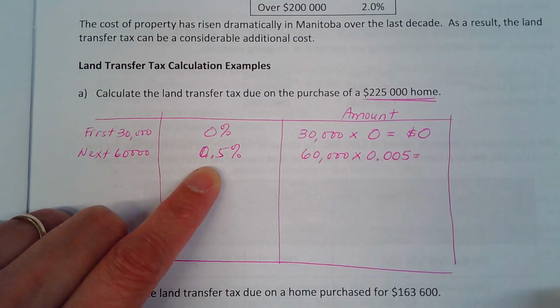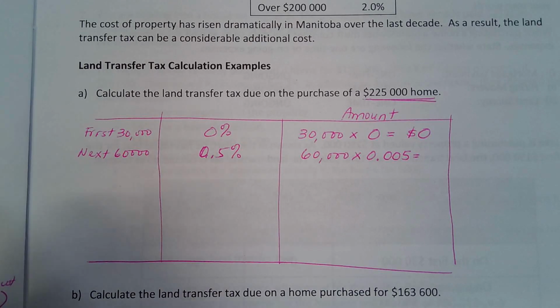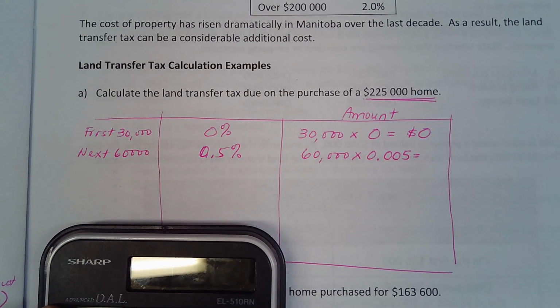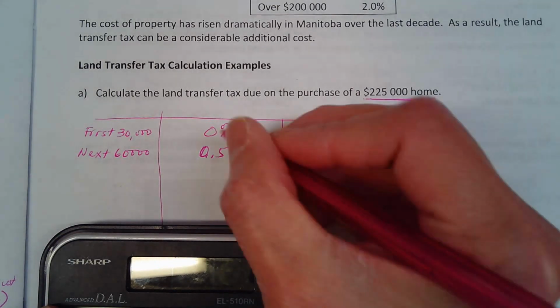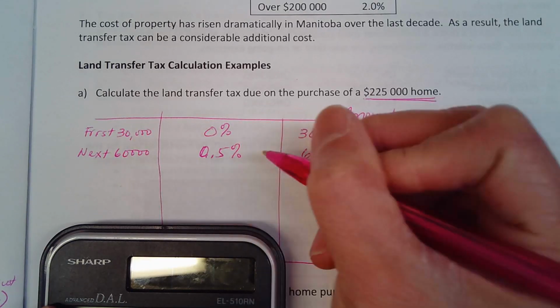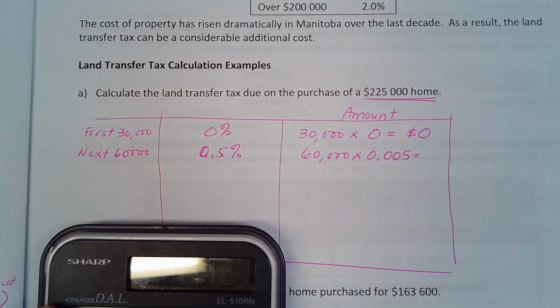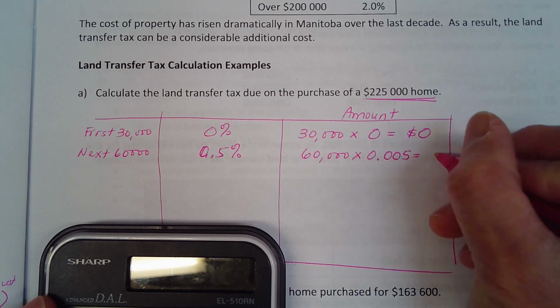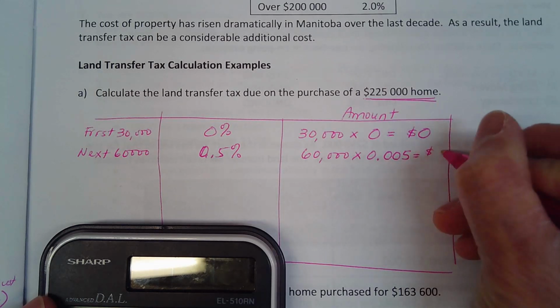Okay, I didn't make my box bigger. Okay, so 0.5, if we divide that by 100 is 0.005. So 60,000 times 0.005 is $300.